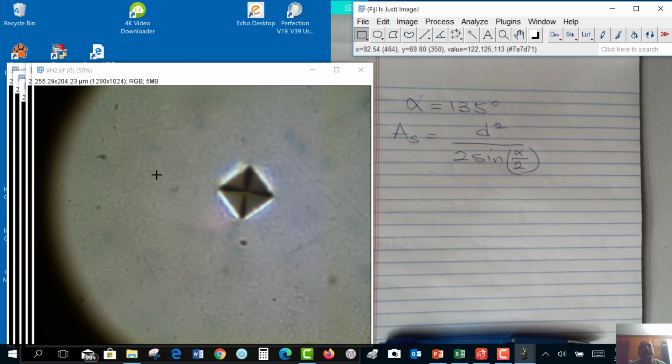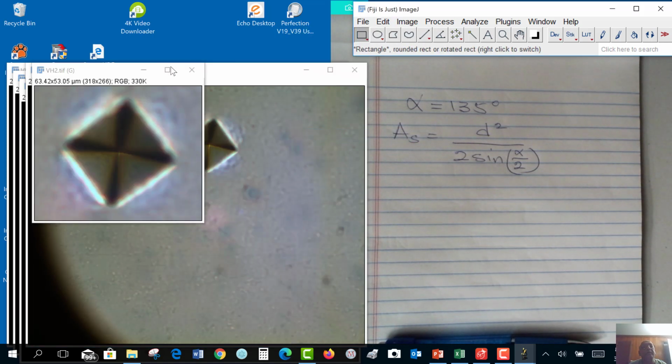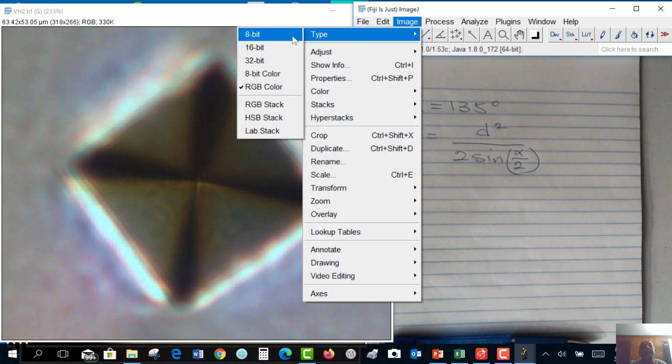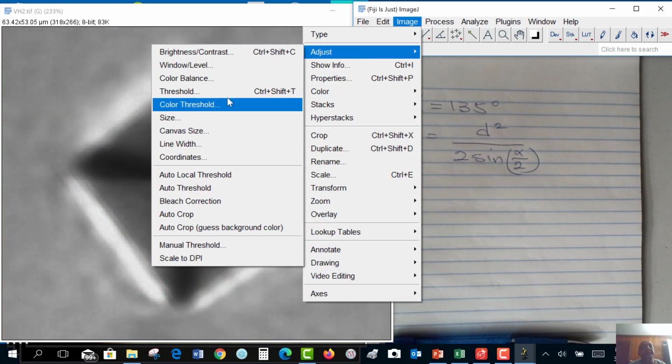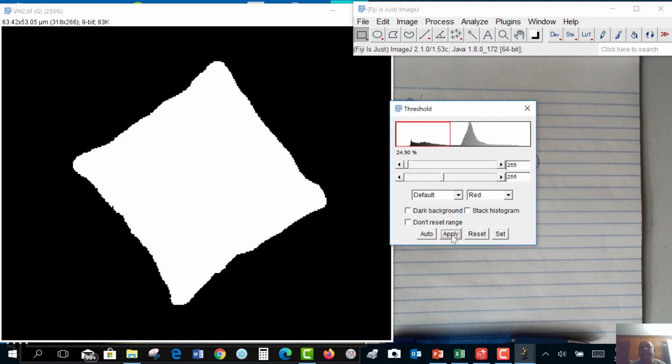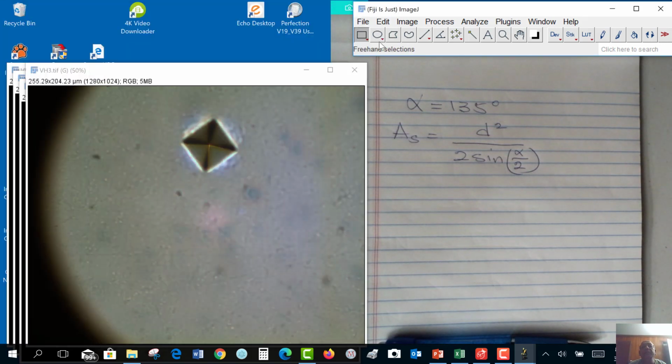Second one, draw a rectangle. Image, crop, image, adjust, 8-bit, threshold. Okay, next, same thing.